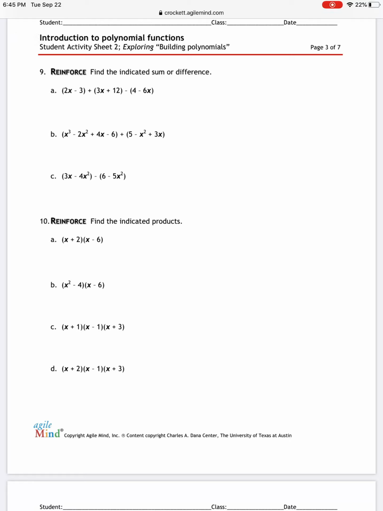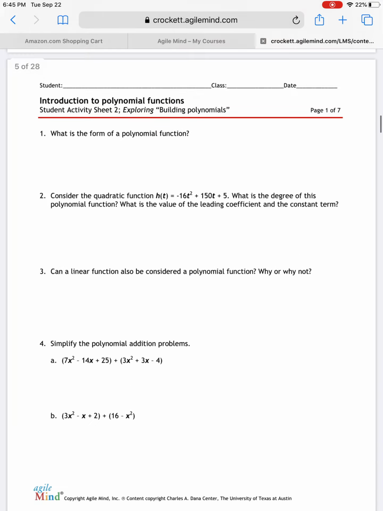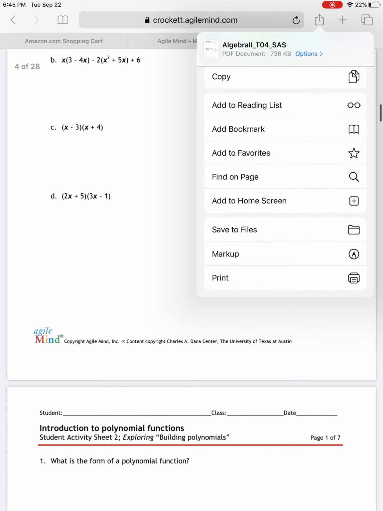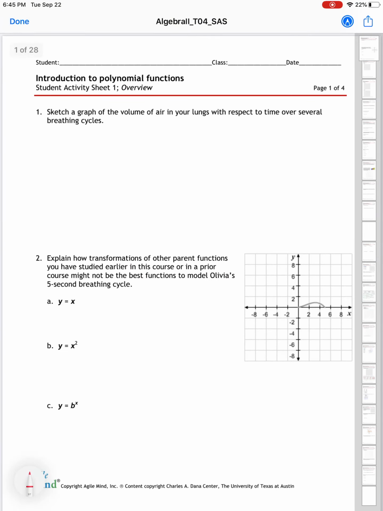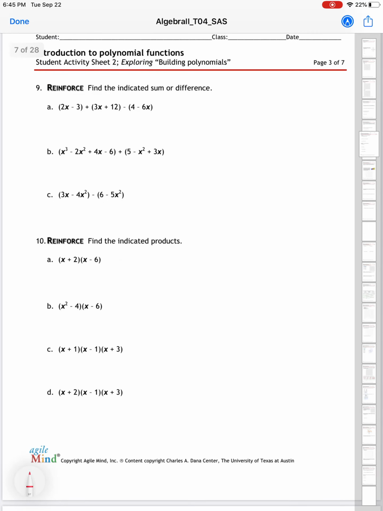I want you to do all of number 9. I want you to do 10A and 10B and 10D. I'm going to go over C with you right now. That way you know how to do D. Okay? So, all right.